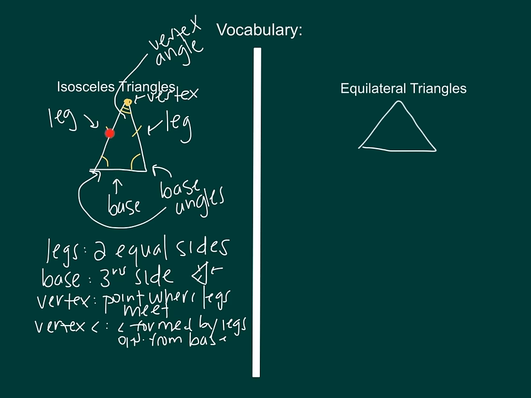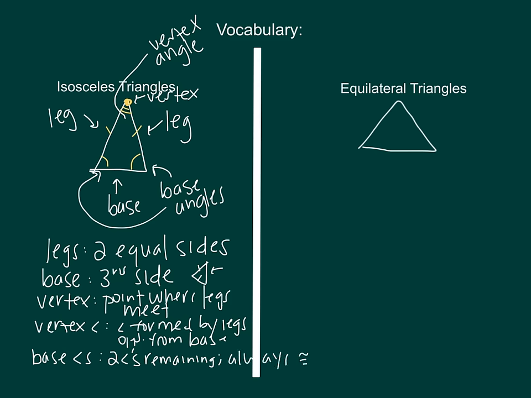So it is the included angle of the legs. Then we have our base angles, which are two angles on the bottom. So the two angles remaining. And then they are always congruent.